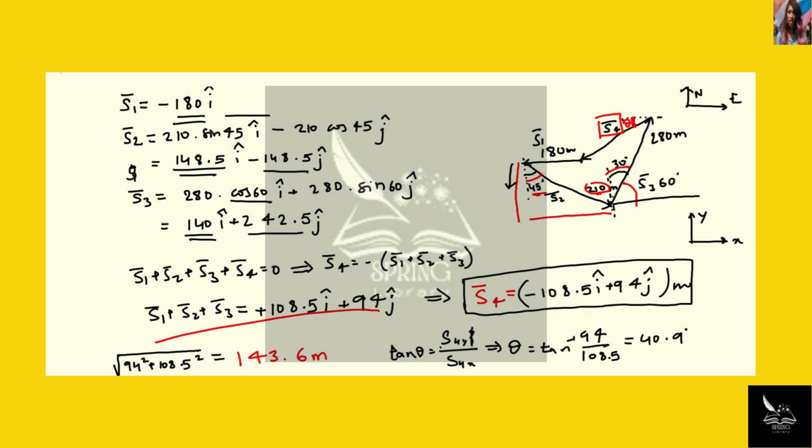But remember this 40.9 degrees is with the x-axis, but negative x-axis, which would be westward direction, and then it goes downward, which is south. Hence, this angle is 40.9 degrees south of west.